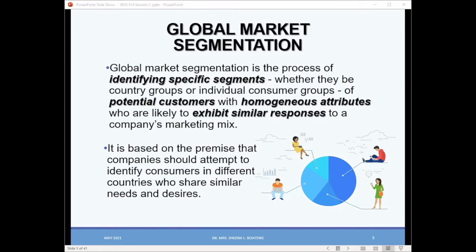So the idea is for the global marketer to identify specific consumers in different locations who share similar needs and desires or attributes, if you may, and exhibit similar responses which they can effectively target given the resource constraints that they have. Hence the need for global market segmentation.